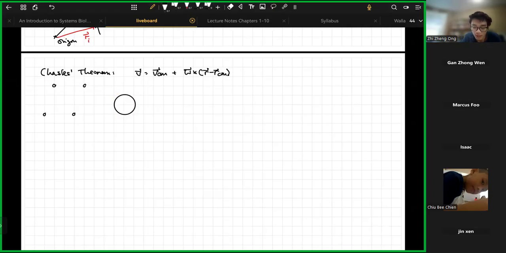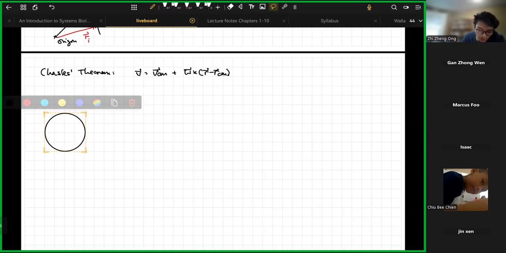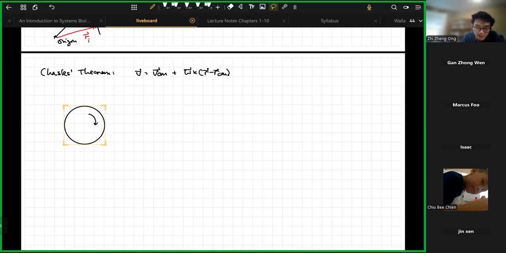But the point is, if you want to describe one thing in this system, let's just use this wheel example. Suppose this thing not only rotates, but it also translates through space.